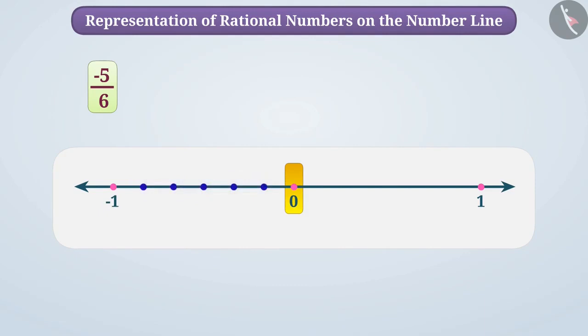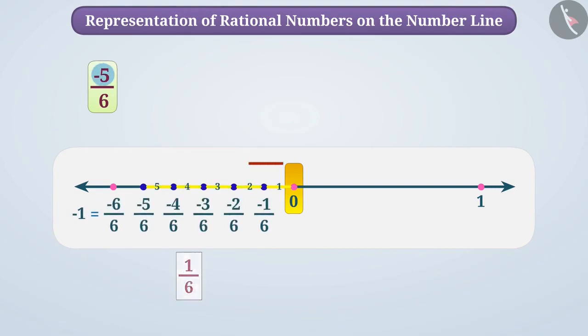In this way, the distance between any two consecutive parts of these 6 parts will be 1 by 6. The fraction of rational number -5 by 6 tells us that we have to take 5 parts of 1 by 6 distance to the left of 0. This will give us the exact location of -5 by 6.